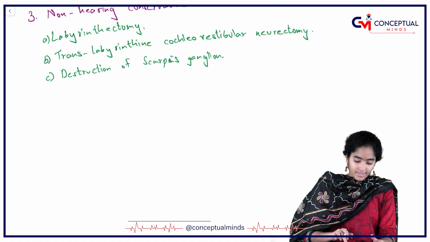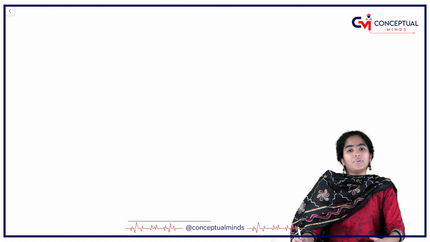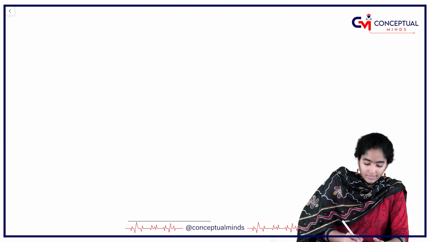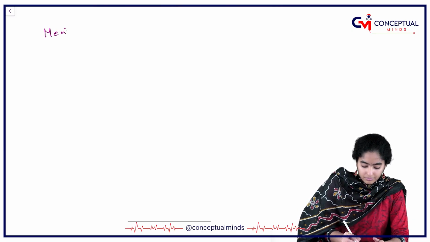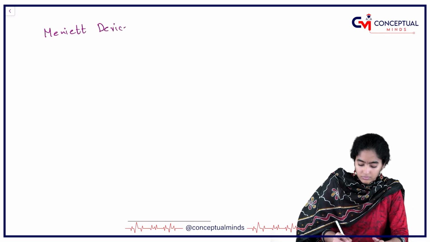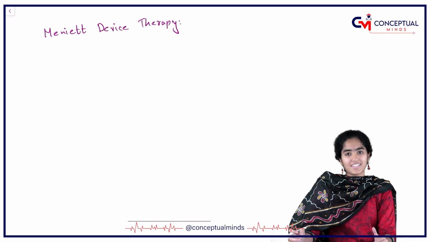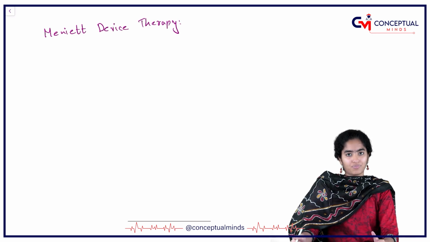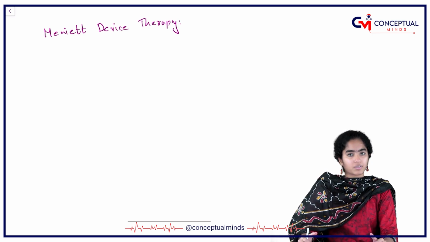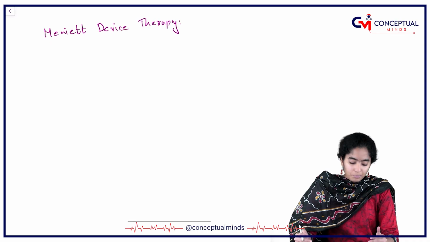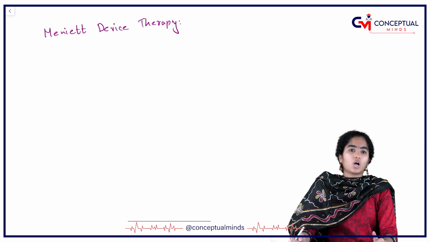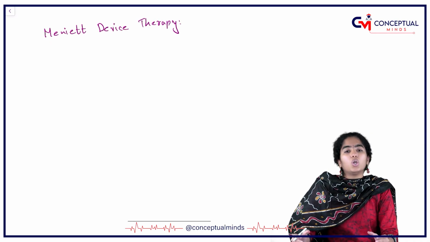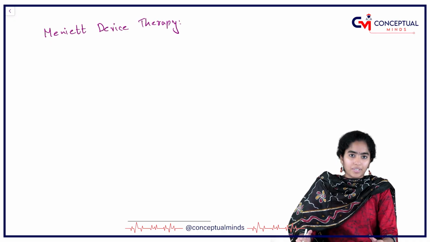Now, one last thing that you need to know is about Meniere's disease, Meniere device therapy. This is used when medical treatment has failed and surgeries are being considered. This Meniere device therapy is also called intermittent low pressure pulse therapy.